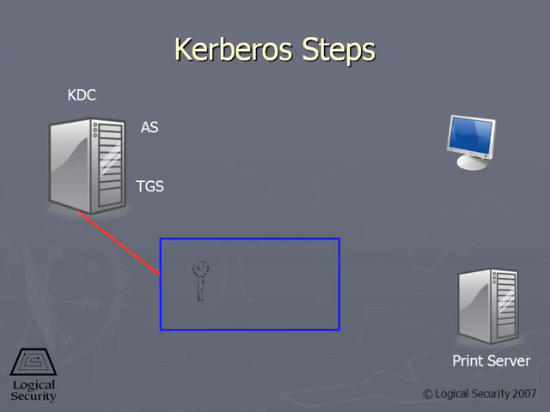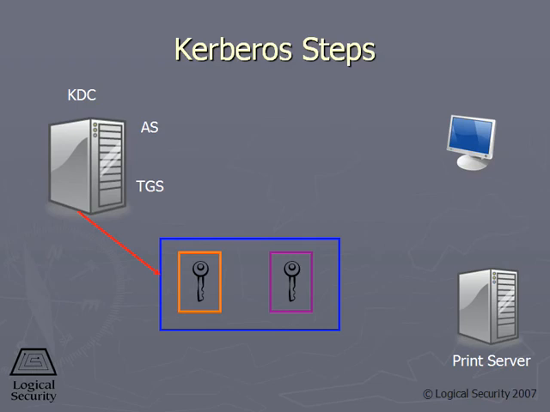Now, one key is encrypted with my secret key, and the other session key is encrypted with the other principal's secret key. So we have one session key that's encrypted with my secret key, and we have another session key that's encrypted with the print server's secret key.